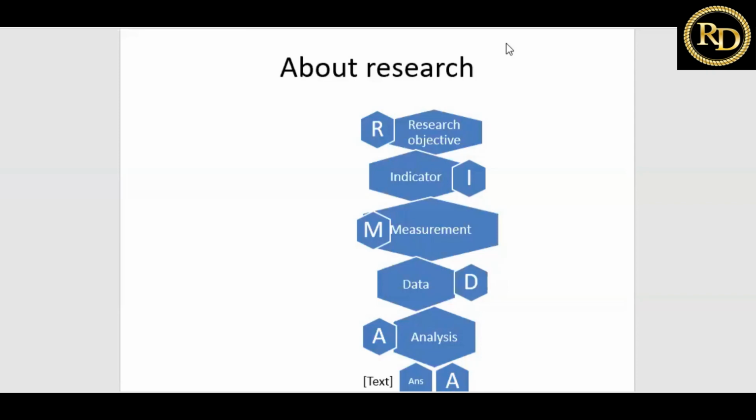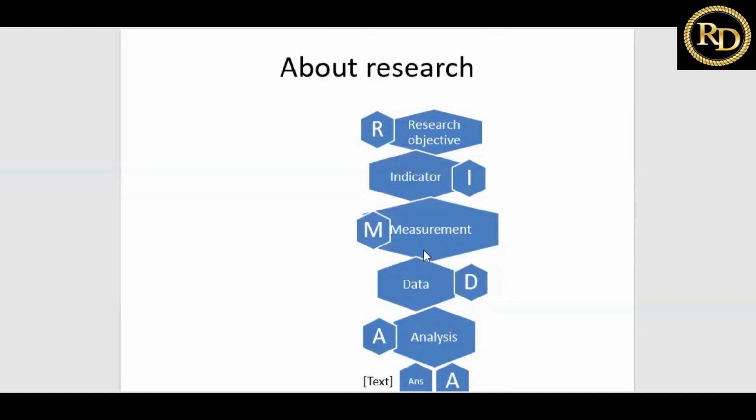Accordingly, whatever indicators you are trying to look up, then you talk about the measurement. Measurement means what kind of data you will ask: whether the data would be ordinal, nominal or interval.